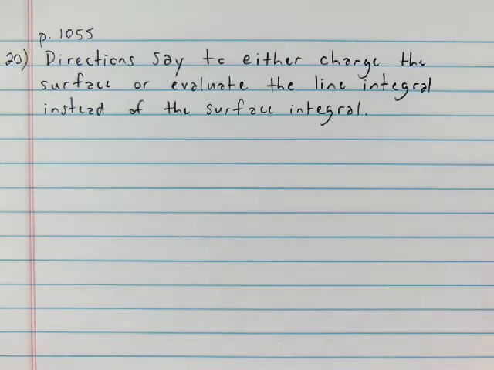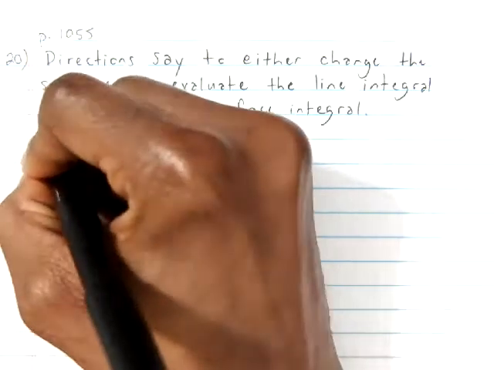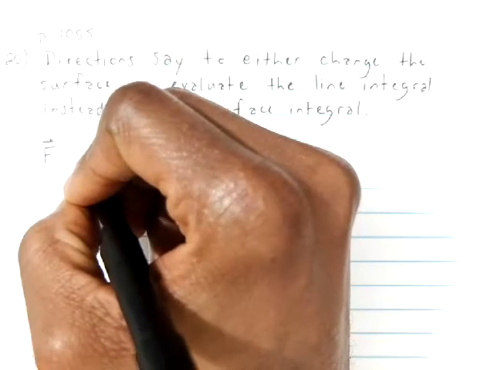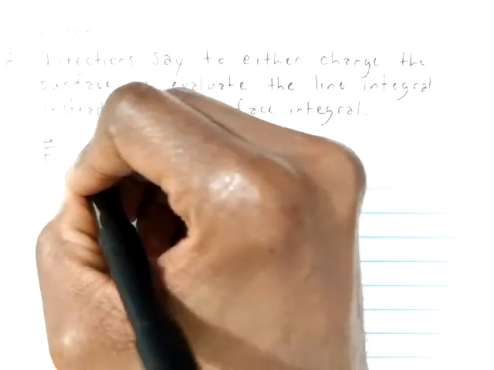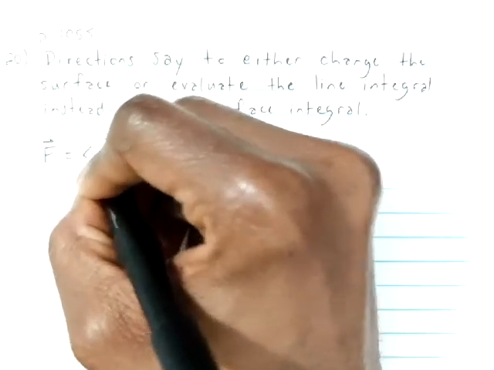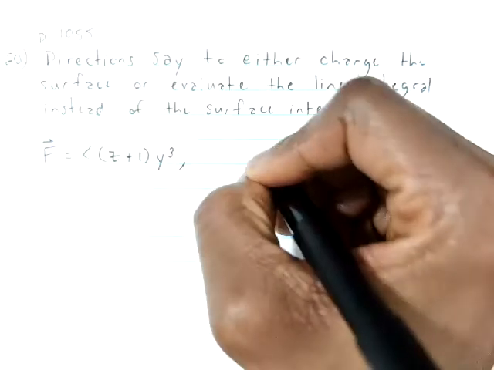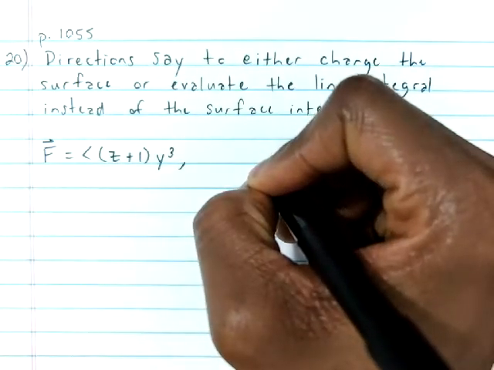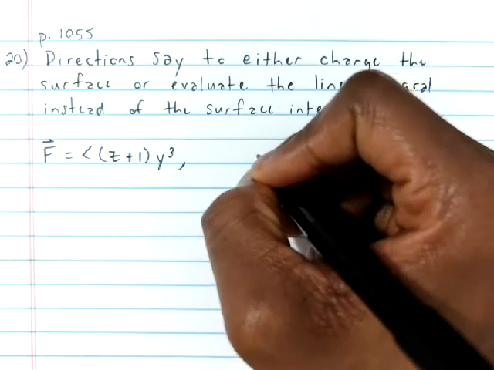All right, so number 20, they give us the vector field f of x, y, z equals z, the quantity z plus 1 times y cubed, and then negative quantity z plus 1 times xy.